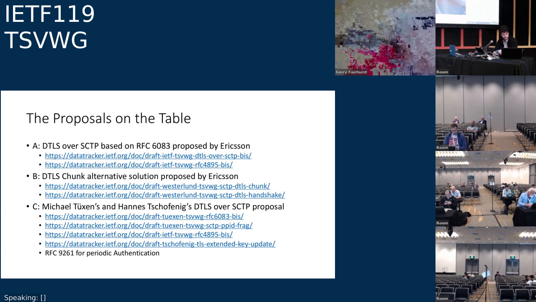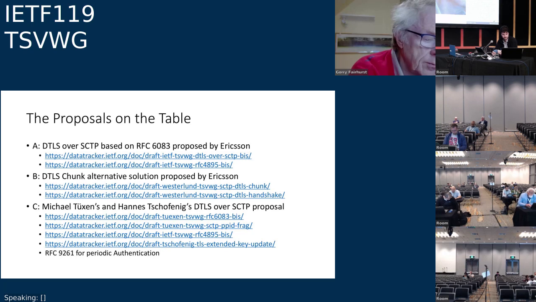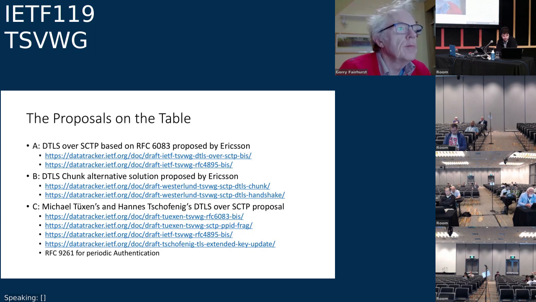Then we have the third proposal, which is C, where the primary proposal comes from Michael Tuexen and Hans Schottenfinger, but there are also others involved in that, which is draft Tuexen TSVWG 6083 BIS. So this is also based on a similar structure as 6083 BIS, but it has one thing for dealing with the user message fragmenting, which is this PPID fragment, a separate function which could be used in other contexts too.